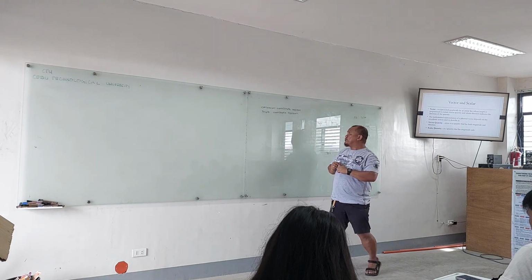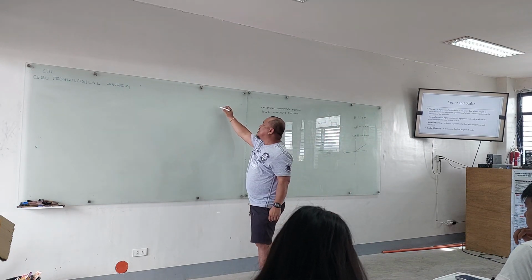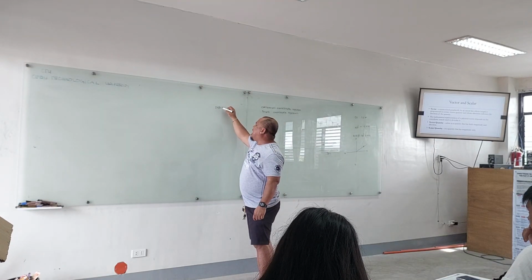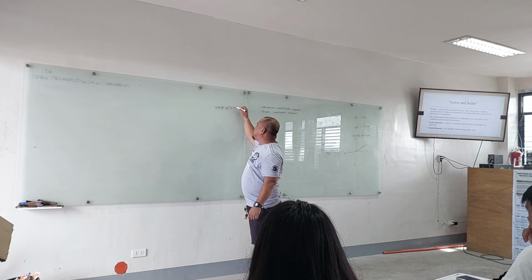So for example, you're given a vector of 25 Newton at 30 degrees north of east.